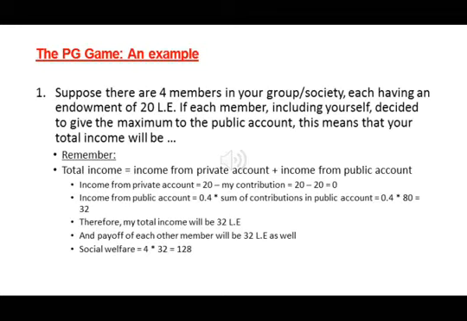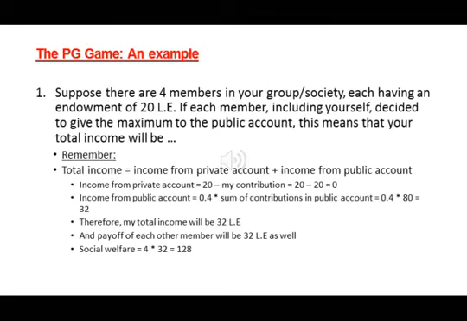So when everyone contributed to the public good, social welfare increased and reached 128, which means that it is for everyone's benefit that everyone contributes the maximum to the public account. In other words, everyone will benefit if everyone cooperates for the public good, because this is a good that everyone is going to benefit from, including yourself.